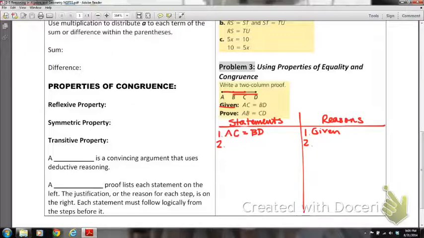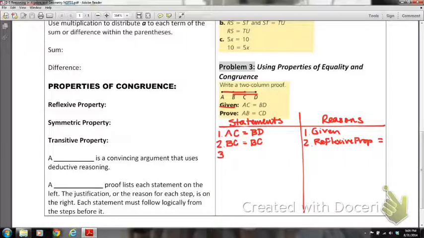So let's make the statement that the length of segment BC is equal to the length of segment BC. And we can state that because of the reflexive property of equality, because we're talking about lengths of segments.